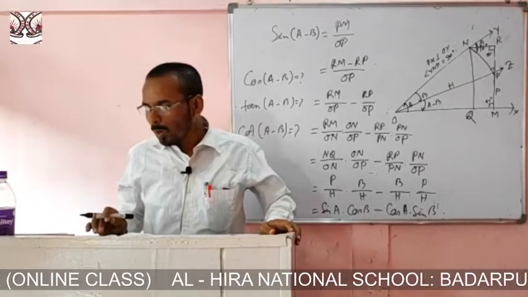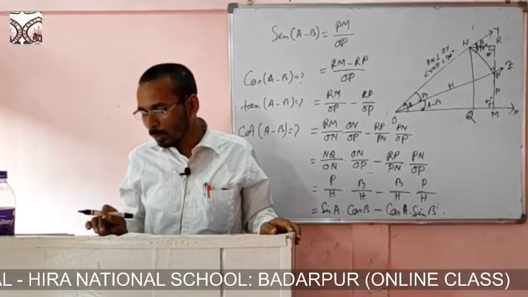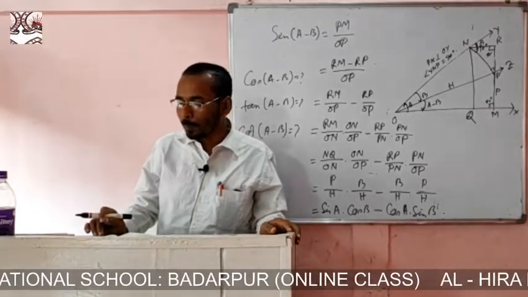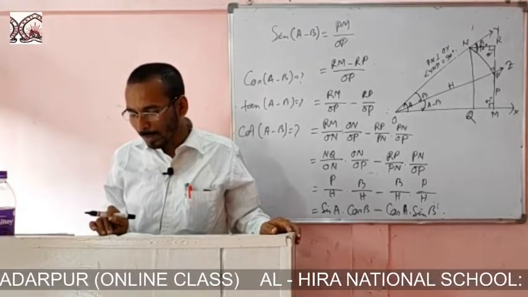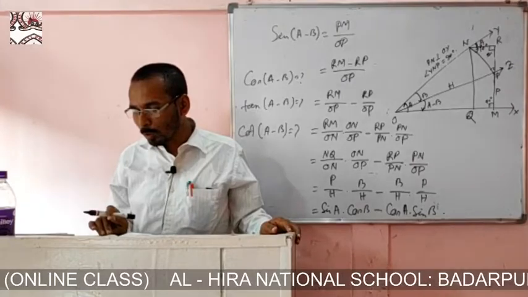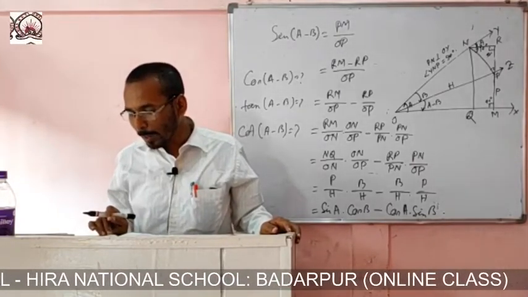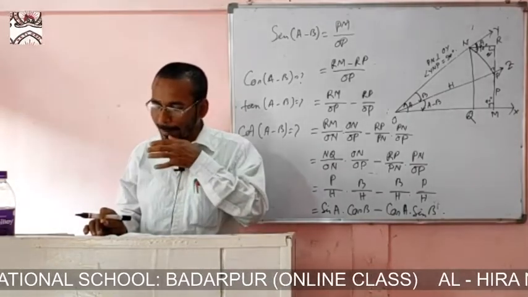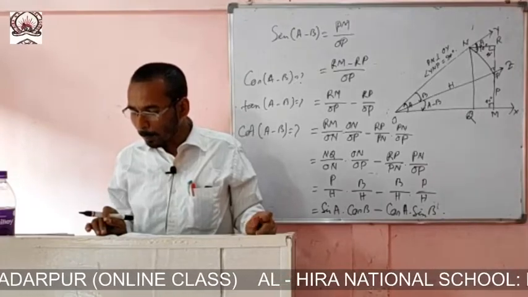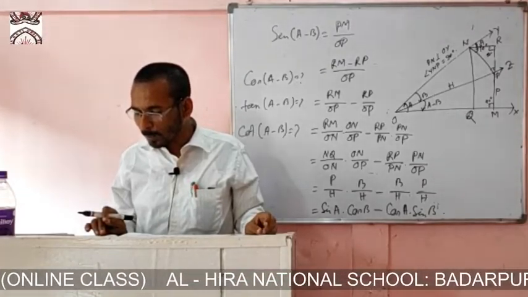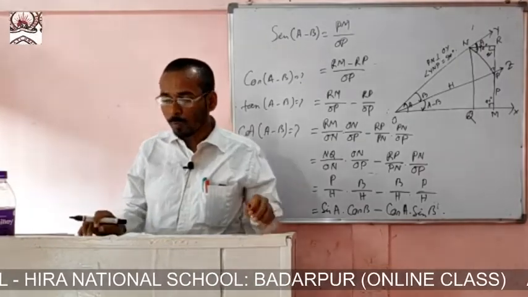Now go to page number 269. We see 7.6.3, two important deductions. One, sin A plus B is equal to sin A cos B plus cos A sin B, and sin A minus B is sin A cos B minus cos A sin B, and cos A plus B is cos A cos B minus sin A sin B, and cos A minus B is cos A cos B plus sin A sin B. These four formulas.